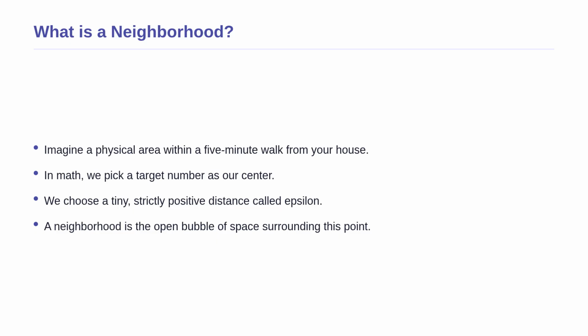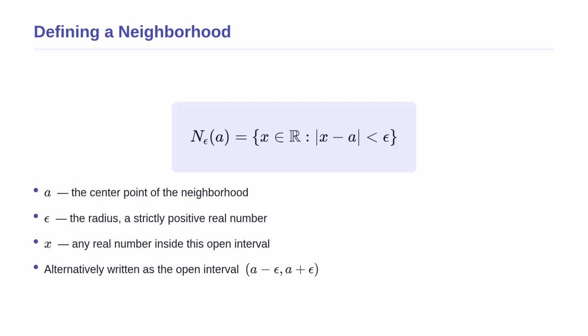Instead of a 5-minute walk, we pick a tiny, strictly positive distance, which we call epsilon. A mathematical neighborhood is simply the collection of all numbers that live within that tiny epsilon distance from our target number.